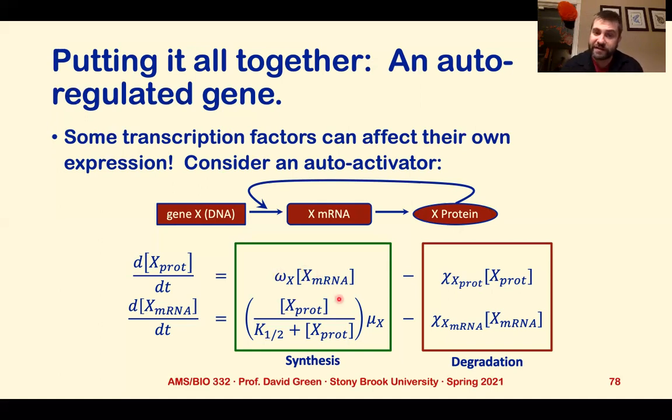However, the transcriptional rate, the RNA synthesis term, is different when we're under regulation compared to when we're in constitutive activity. Here we have a model for the dependence of transcription on X protein. This is the model for an obligate activator. If there is none of that X protein, none will be produced.